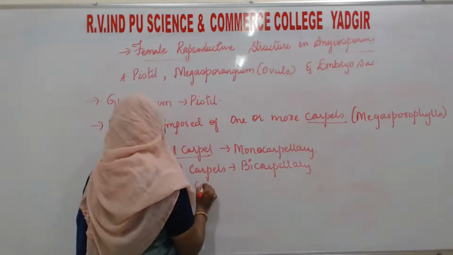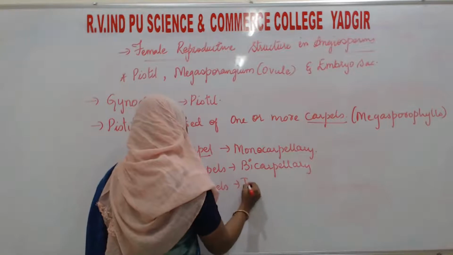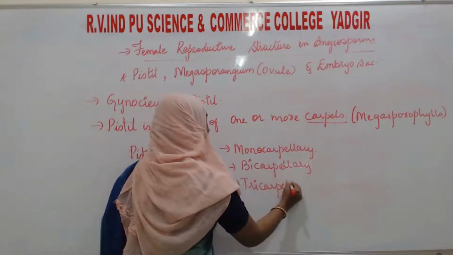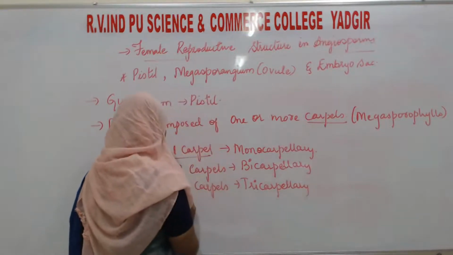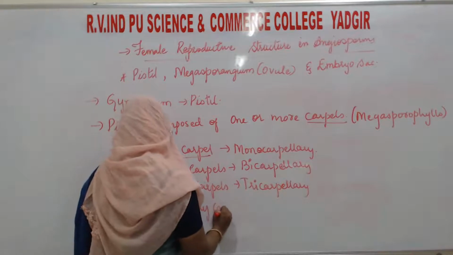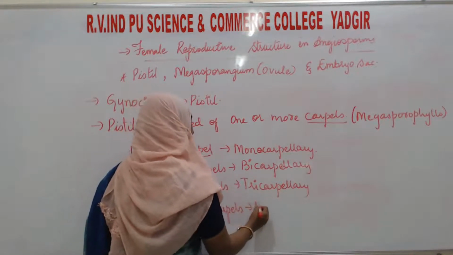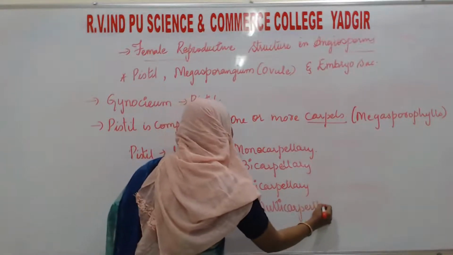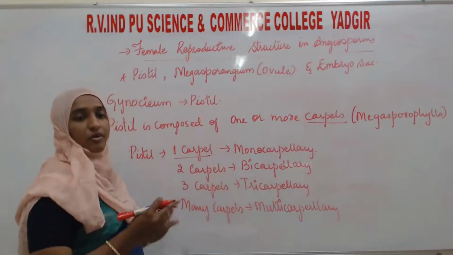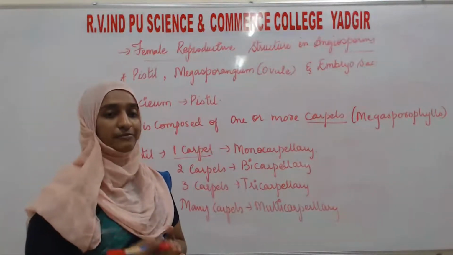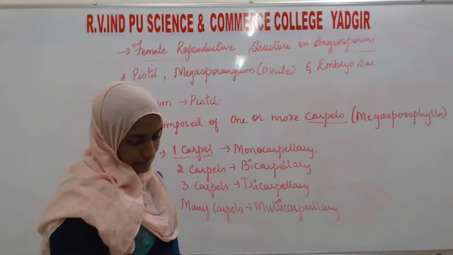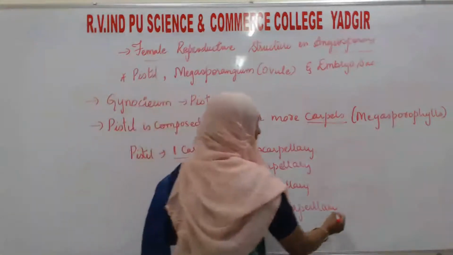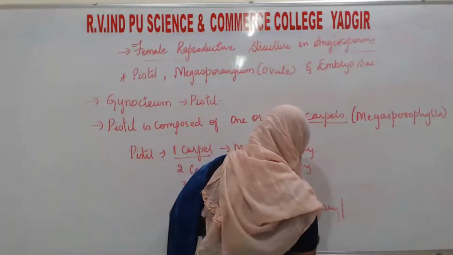If three carpels, it is tricarpellary. If many carpels are there, more than three, it is known as multicarpellary. So this is about different pistils based on the number of carpels. Multicarpellary can also be called polycarpellary.